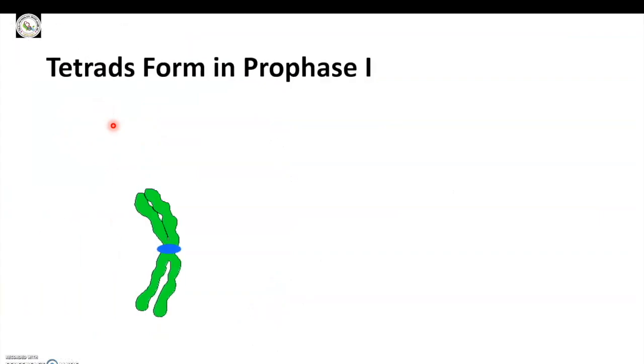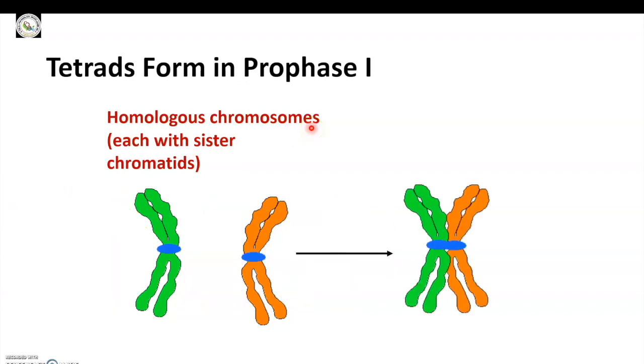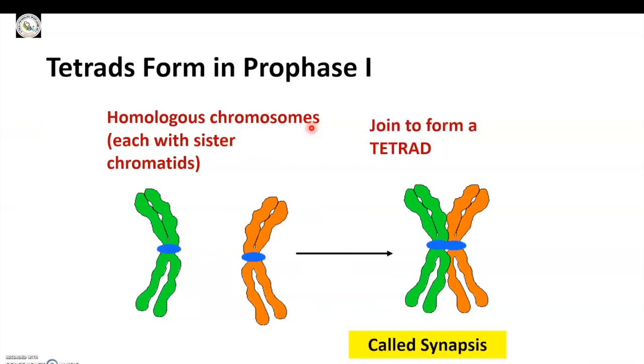Let's see in the diagram the structure to form the tetrad and also the word synapsis. So for the homologous chromosomes, we have sister chromatids, and if the homologous chromosomes pair up, we refer to it as the tetrad. The process is synapsis.